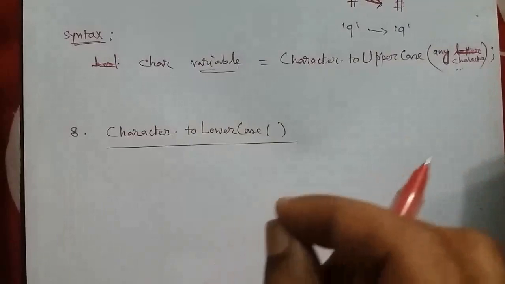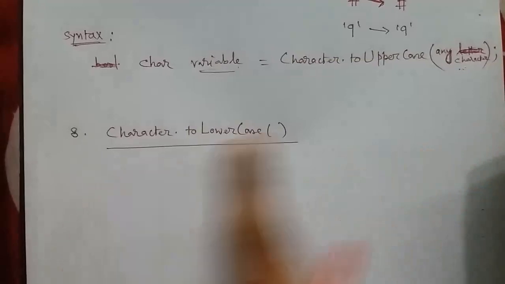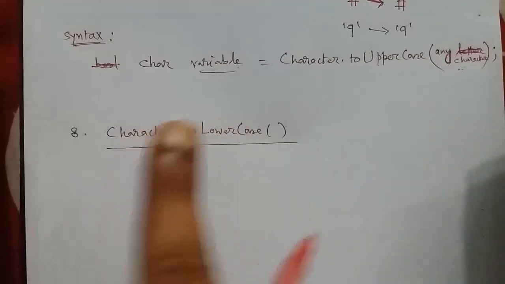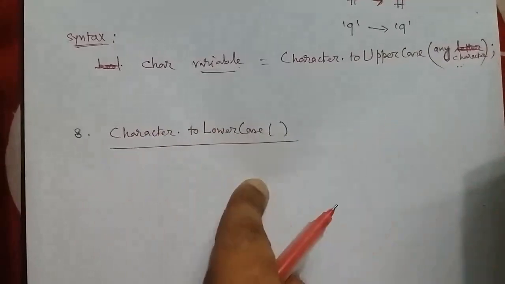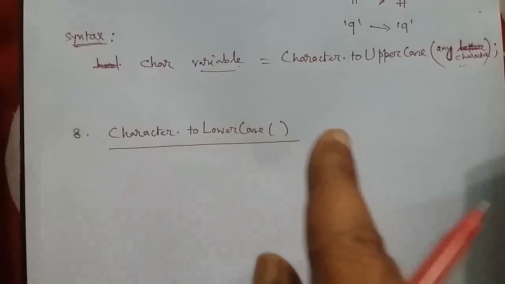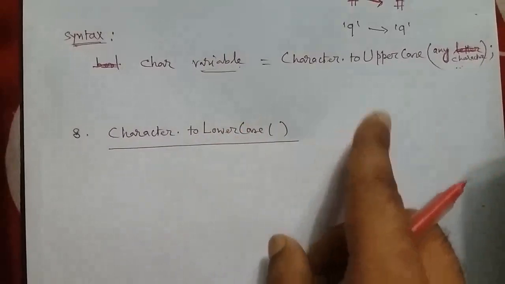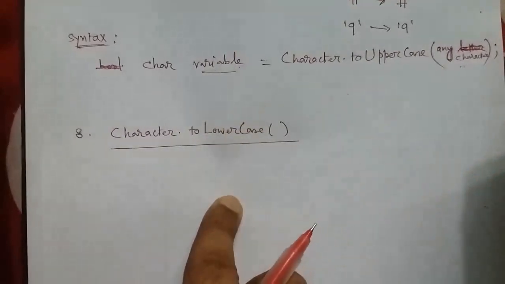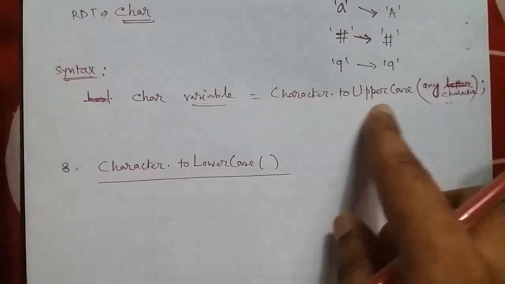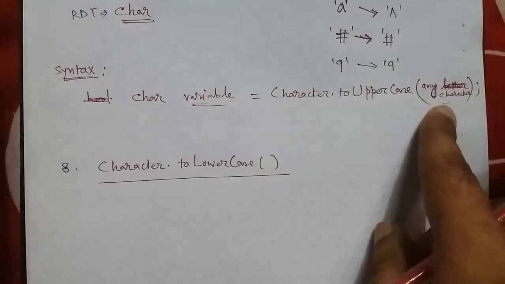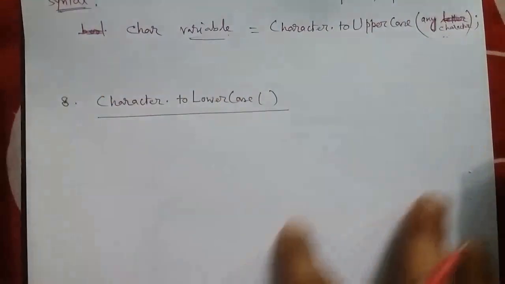It returns the same character if the given argument is not a letter, meaning if it is a special character or a digit. The syntax is also the same: char variable equals to Character.toLowerCase and then any character.